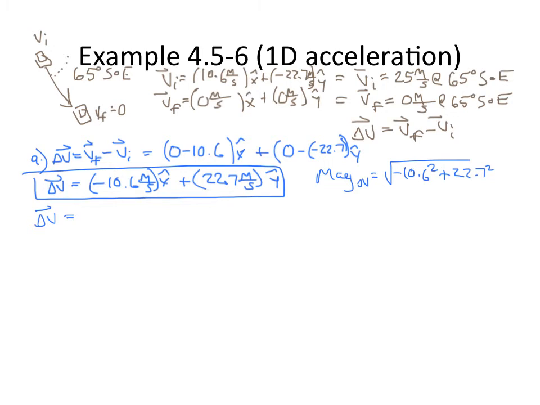That gives us 10.6 squared plus 22.7 squared to the square root. Lo and behold, that's 25. Oh my goodness. You knew that, right? Because it was being subtracted from 0. But it's 25 meters per second at what direction? All right, that's the direction part right here.